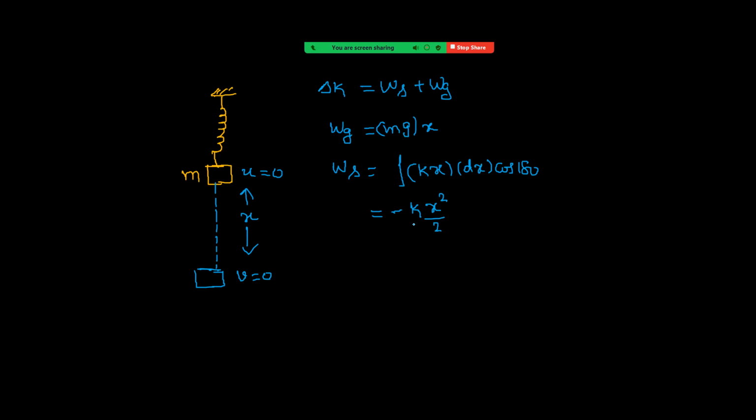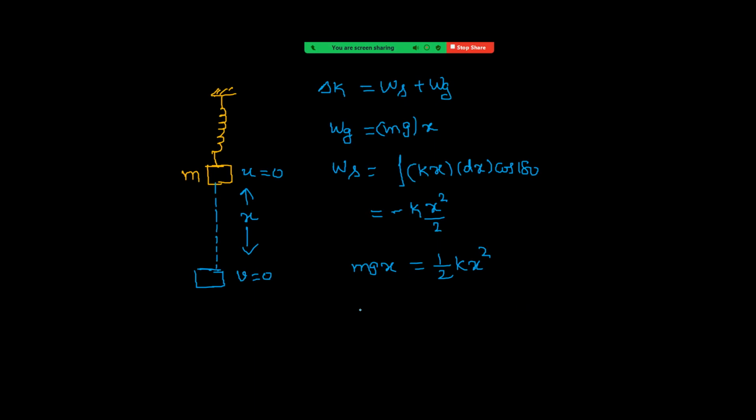Now substitute this value in this one and the work done by gravity in this one. Then see what we get: mgx is equal to half kx square. So I have taken these two values in this equation, and we get mgx equal to half kx square.